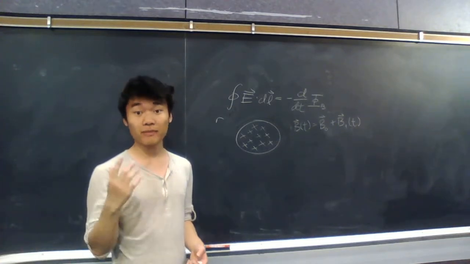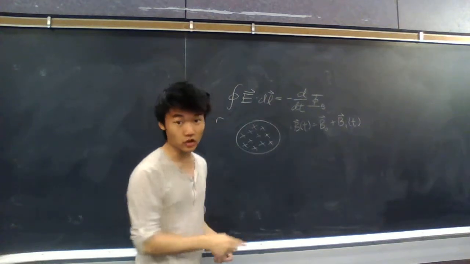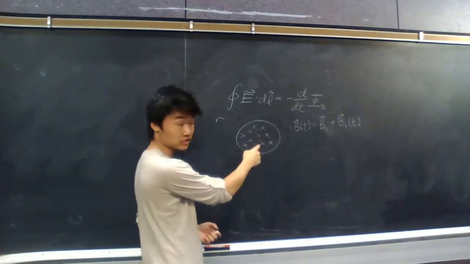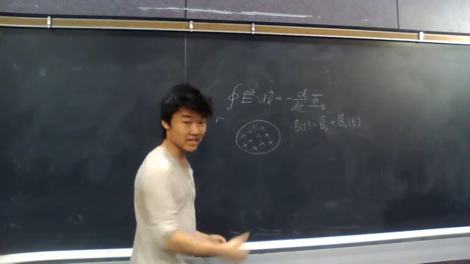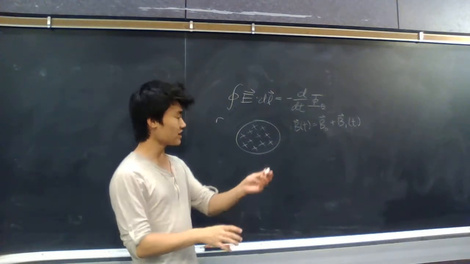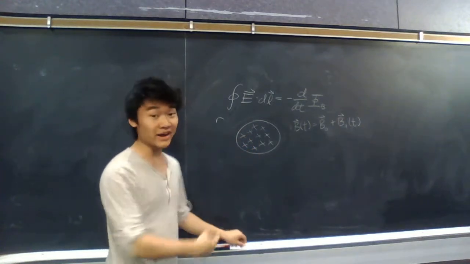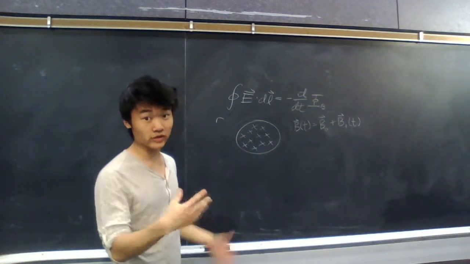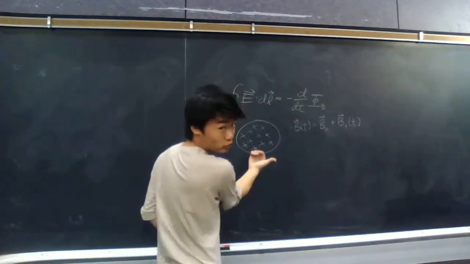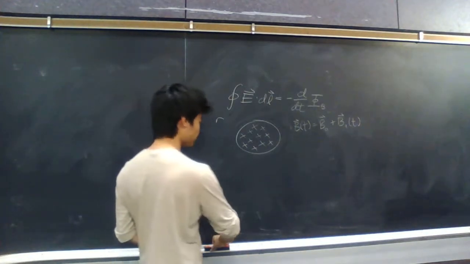Lenz's law says the magnetic field generated by the induced current, as the current in this wire flows, creates its own magnetic field. The direction that field is going to point inside the loop is going to be in the opposite direction of the change in the magnetic field. So my magnetic field is getting stronger in the direction that's pointing into the board. My induced magnetic field, the one created by the induced current, better be pointing out of the board. The only solution where that happens is when we have the current circulating counterclockwise.